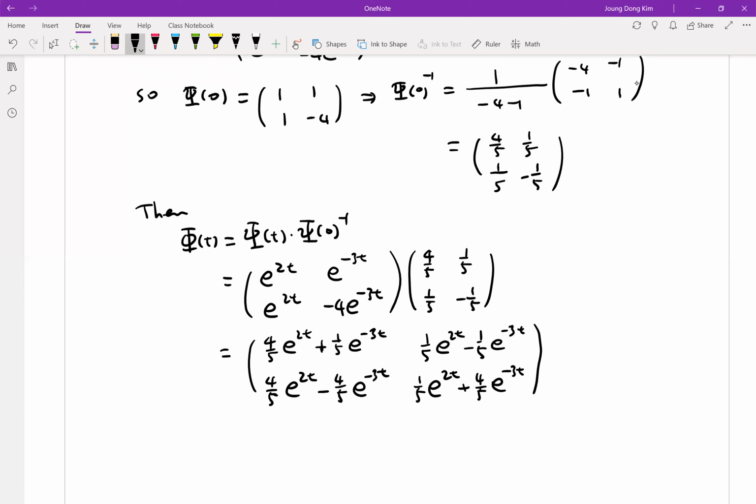This is my fundamental matrix, which is phi for the initial value problem.